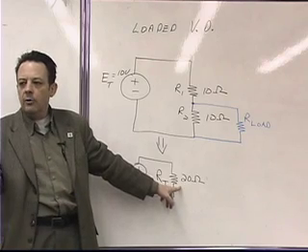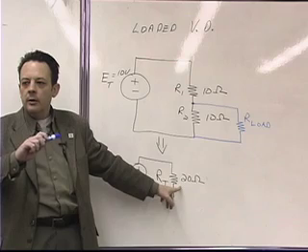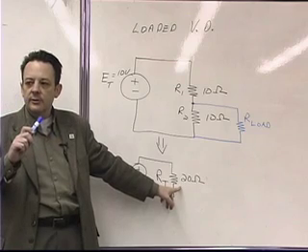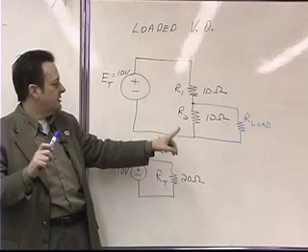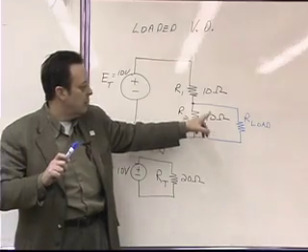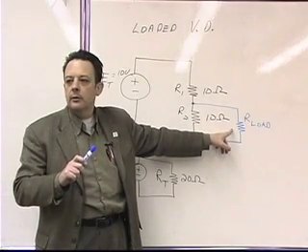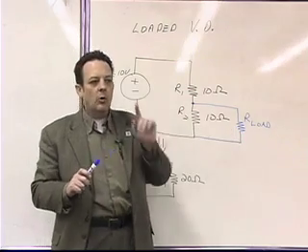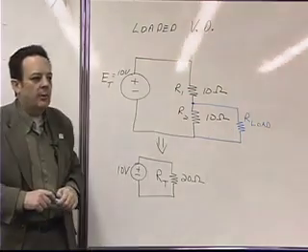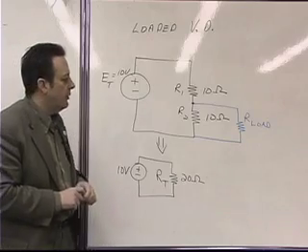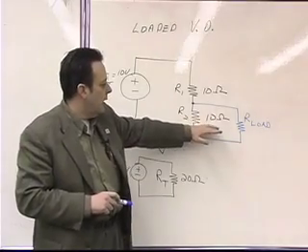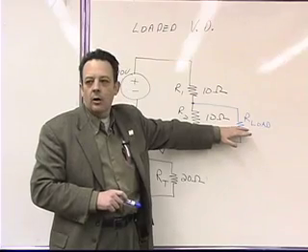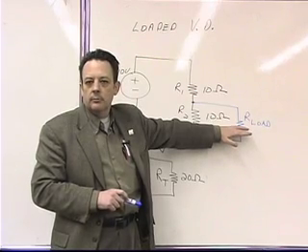Is it greater or less than the total resistance of that same voltage divider when we connect a load to it? Okay? Now, in order to figure that out, we have to figure out how to combine resistors that are in parallel.